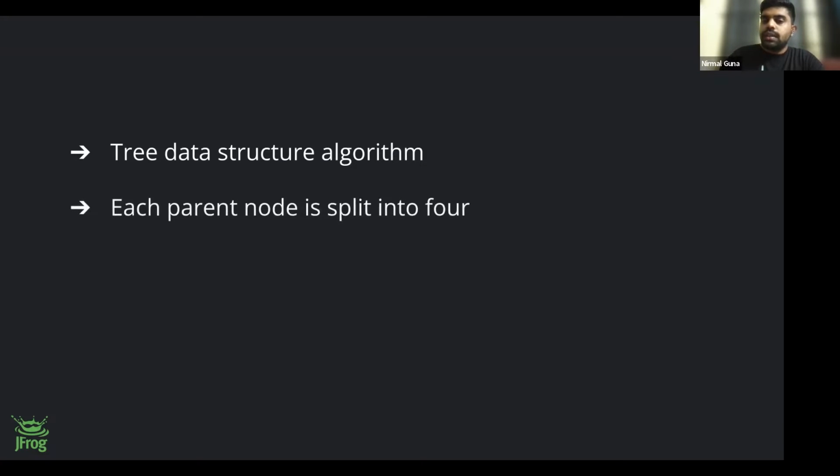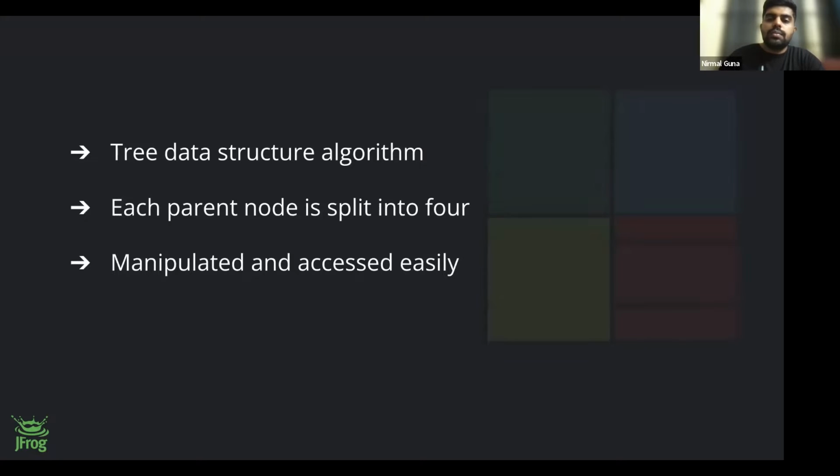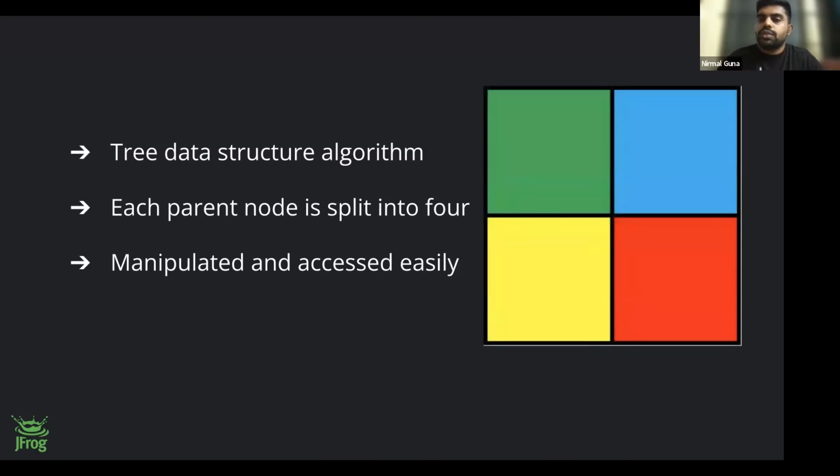Consider a square where there are 4 sides and each side is equal. When you split it into 4, again it becomes a square, right? So each child quadrant becomes one child node, and again that can be split into 4. In that way you will not lose any space.